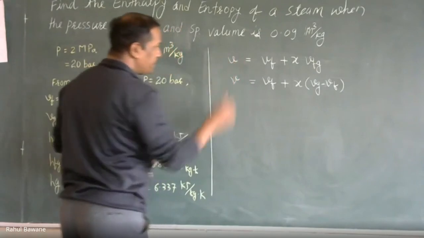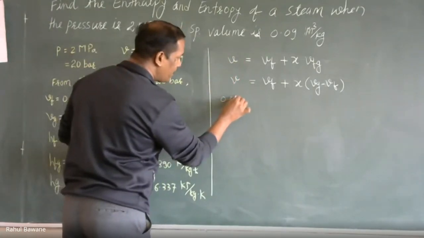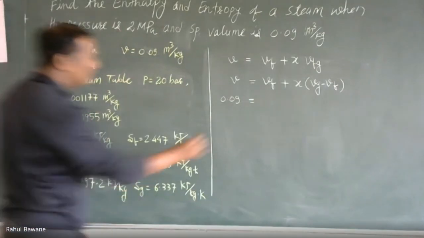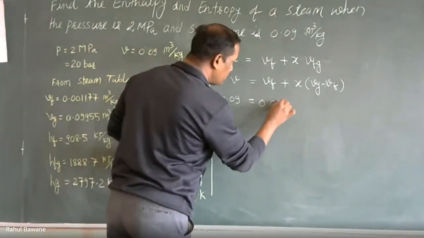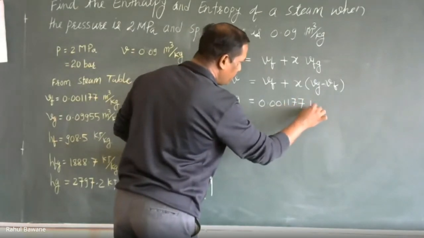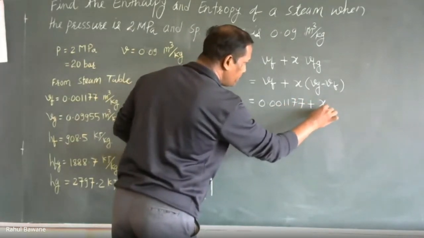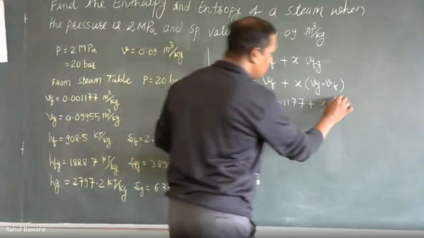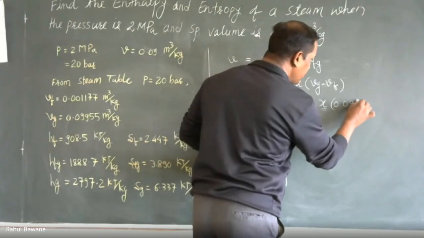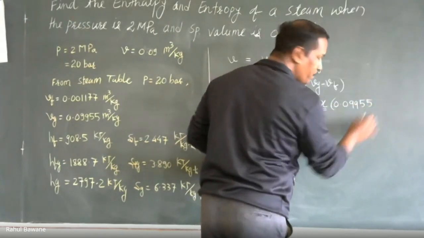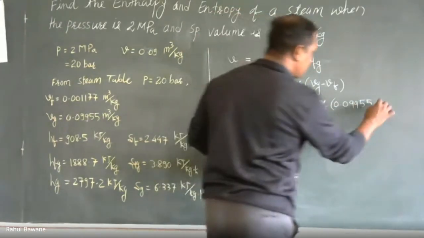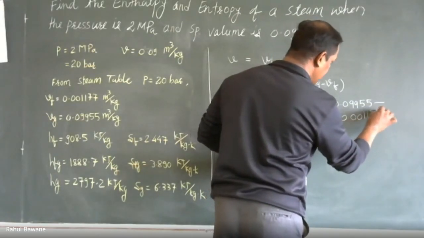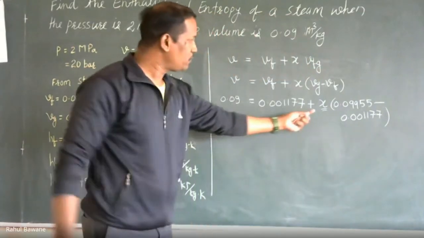The given specific volume is 0.09. Vf corresponding to the given pressure is 0.001177, plus X, the dryness fraction we don't know, times Vg, 0.09955, minus 0.001177. So the only unknown is X.